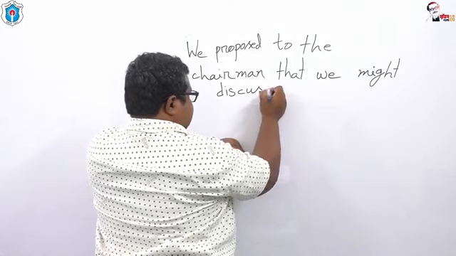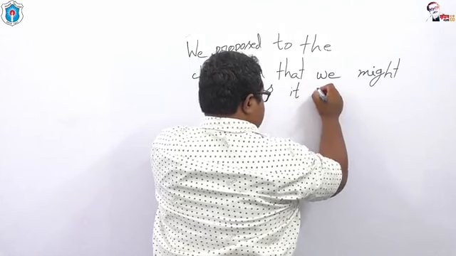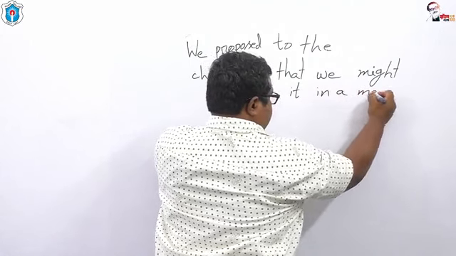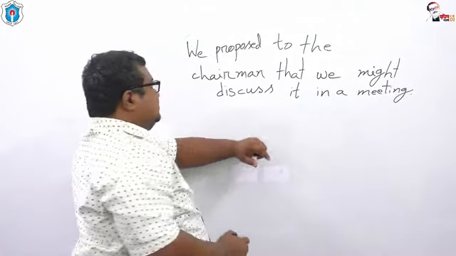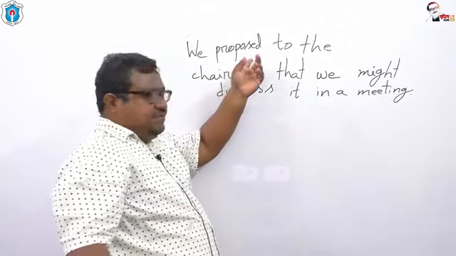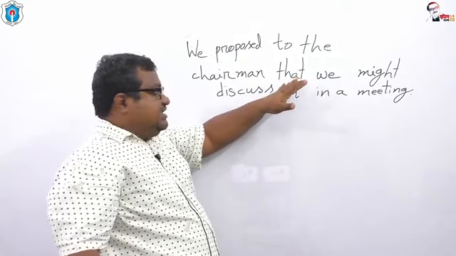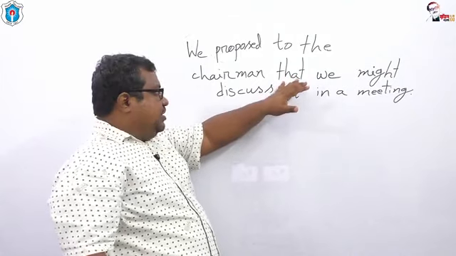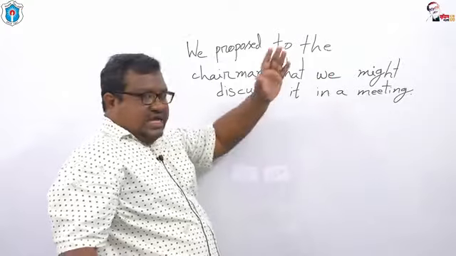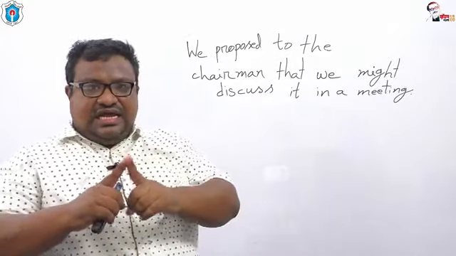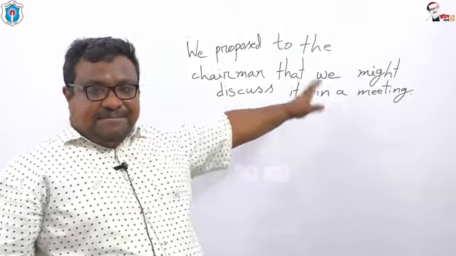We might discuss it in a meeting. So we propose to the chairman, then we will remove the inverted comma, and instead of that we are going to use this word that. Then the subject we, then we will use the helping verb might. We might discuss it in a meeting.